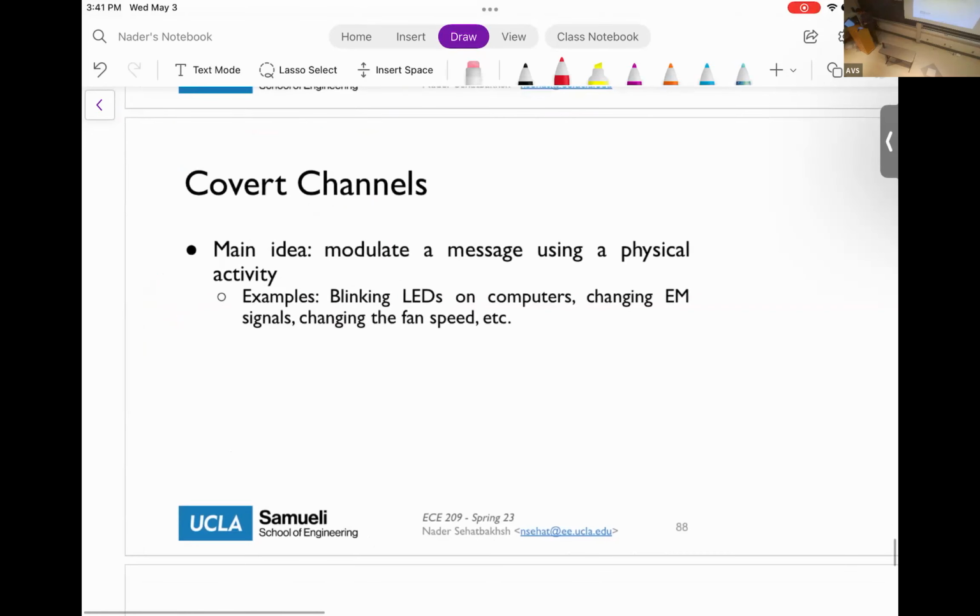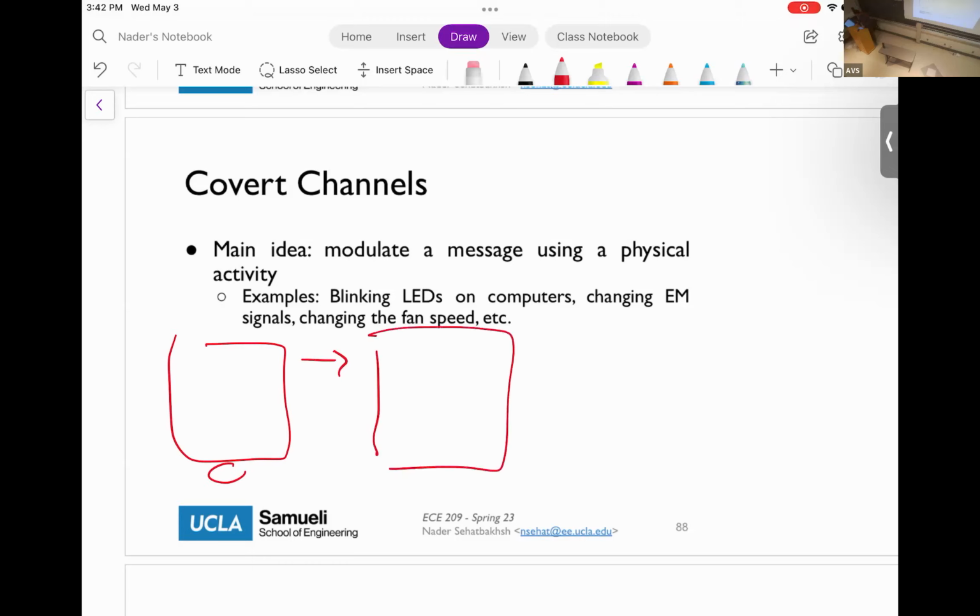So the main idea is that I'm going to modulate some physical activity, and decide on some protocol in order to send information. Let's say, for example, I find this really nice C program on the computer that I want to exfiltrate. What I would do is transfer this into a list of zeros and ones.